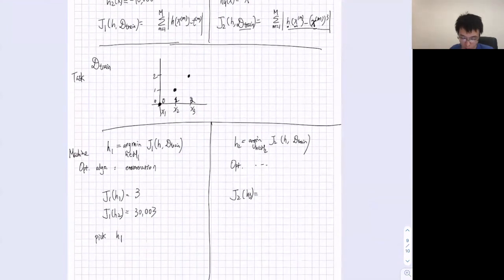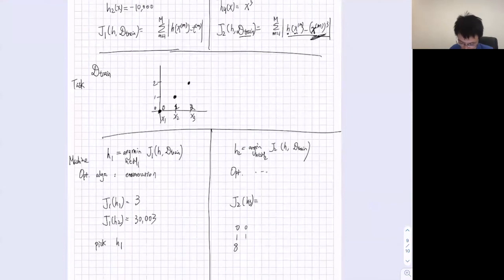Okay, the target is 0. So this term is 0, 1, and 8. So now you subtract it with 0, 1, and 2, you get 6.